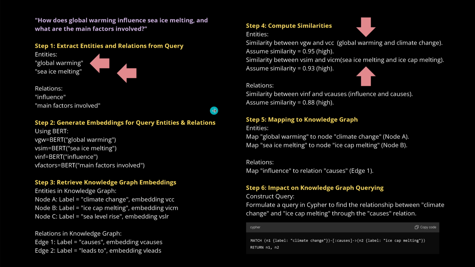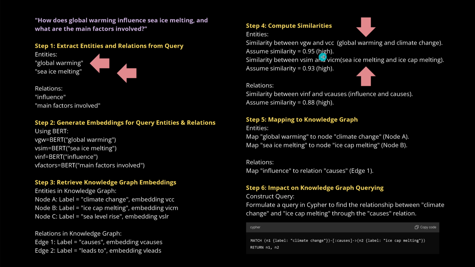And then, but only then, if we have the embeddings for the query and the embeddings in the knowledge graph, then we can compute the similarities. So you see the global warming here. Here we have the global warming. And the climate change that is in the knowledge graph, they have now a similarity in the constructed BERT system that we built out of thousands and thousands of documents.